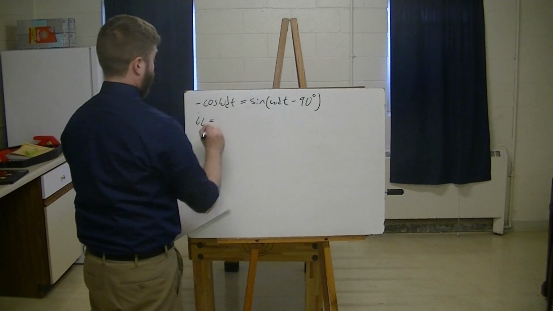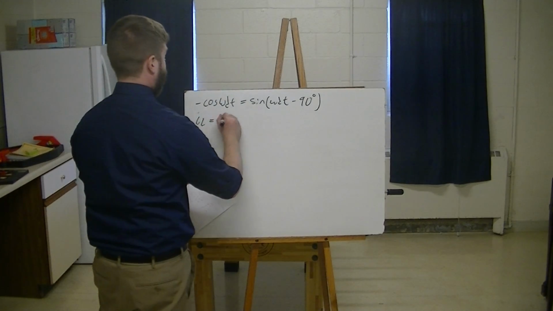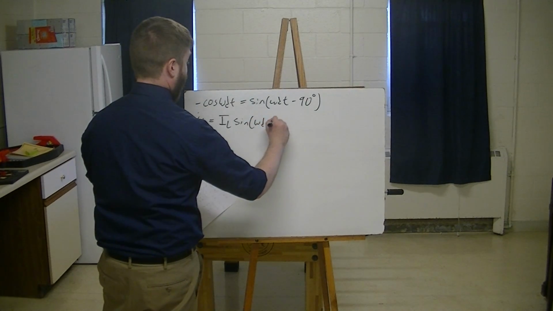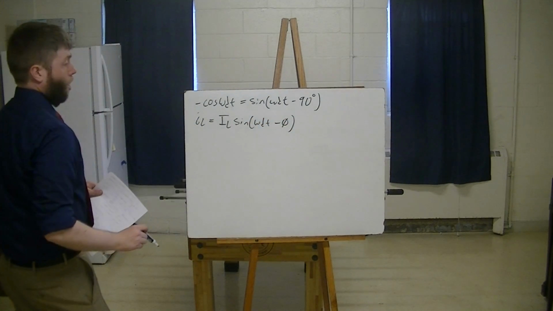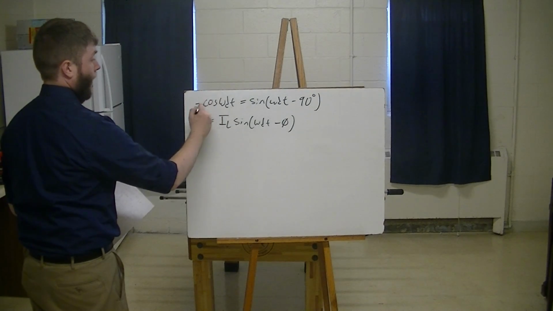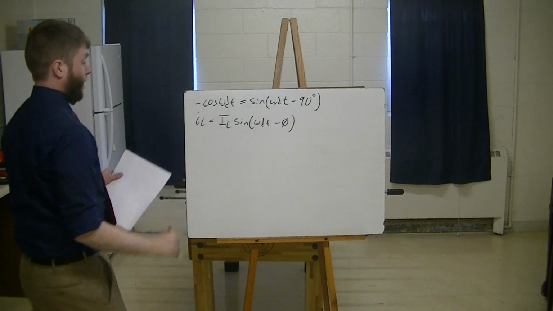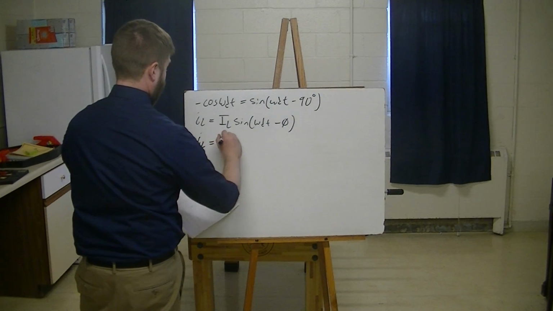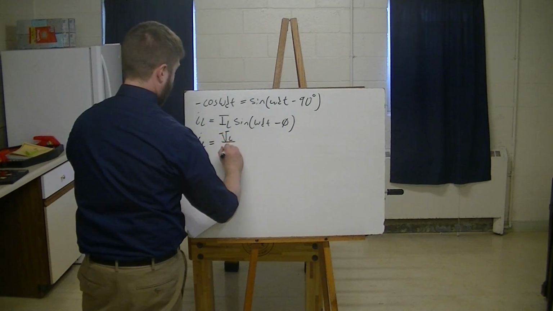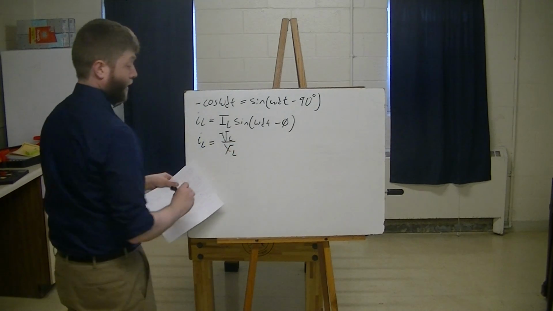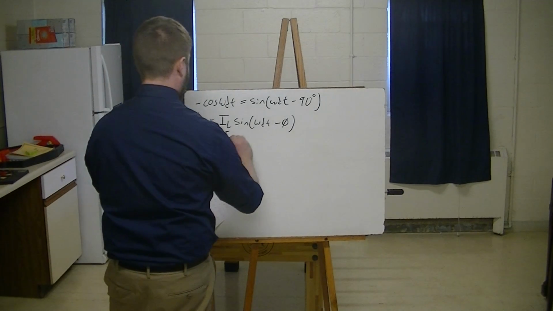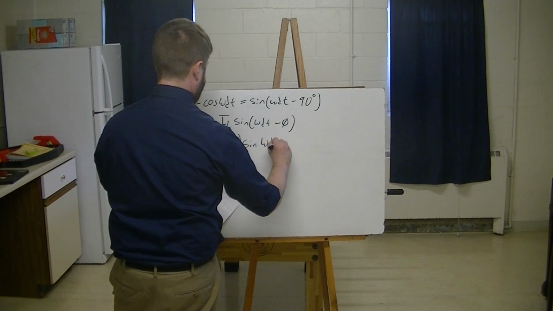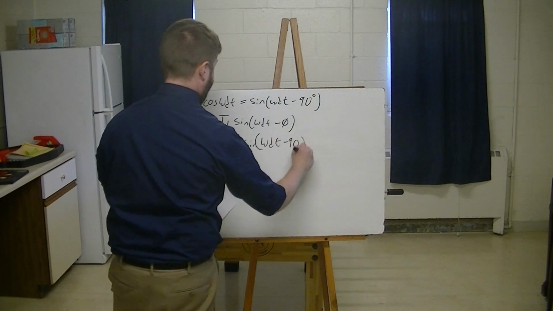We know that the current inside of the inductor must adhere to the sine of omega dt minus phi. Only now, in order to transform the minus cosine from the previous step into the sine function, we're going to have IL is equal to capital VL over chi L, the inductive reactance, multiplied by the sine of omega dt minus 90.